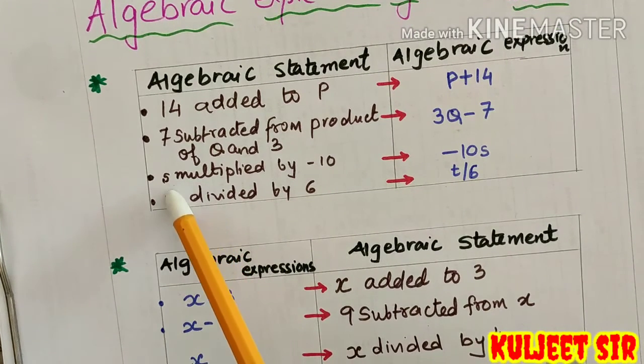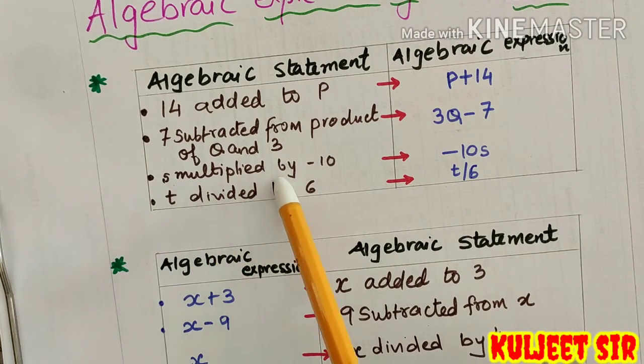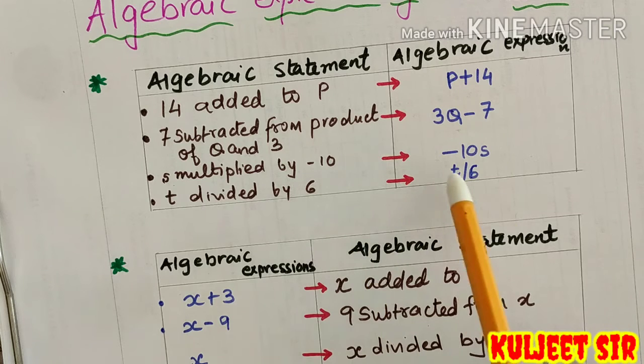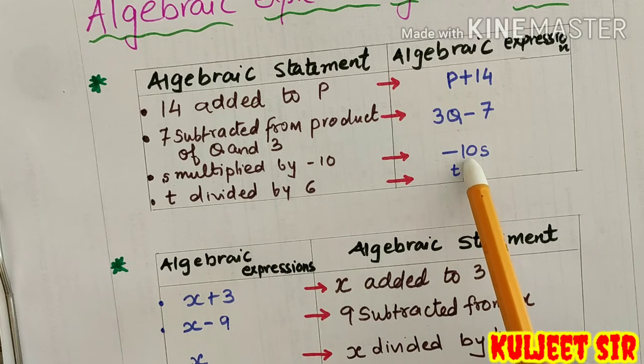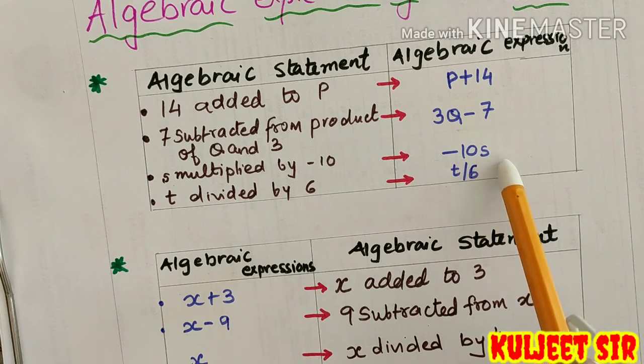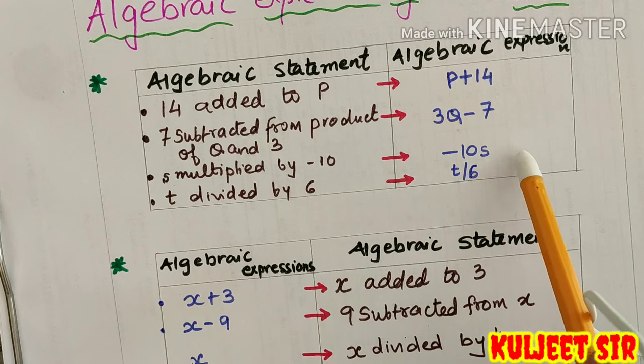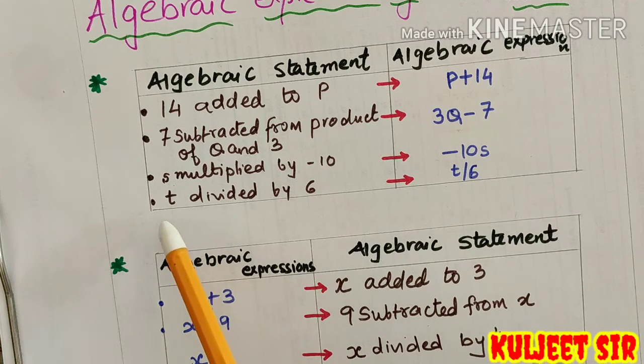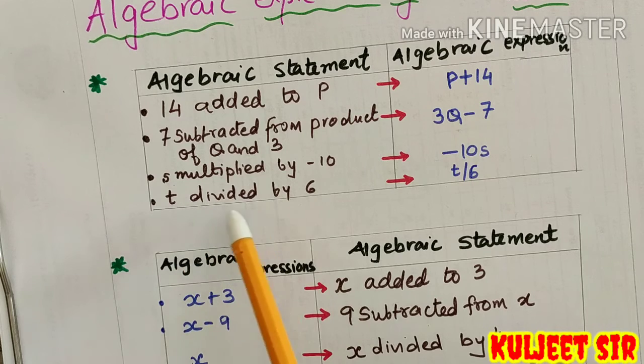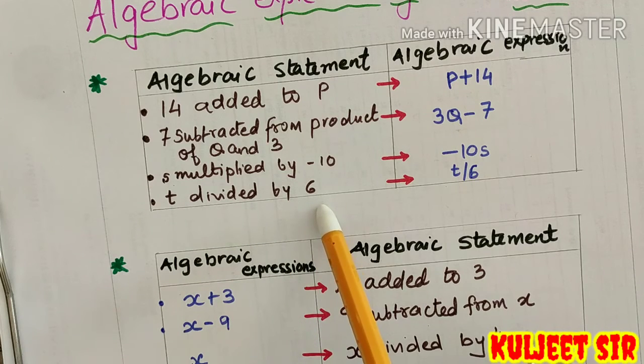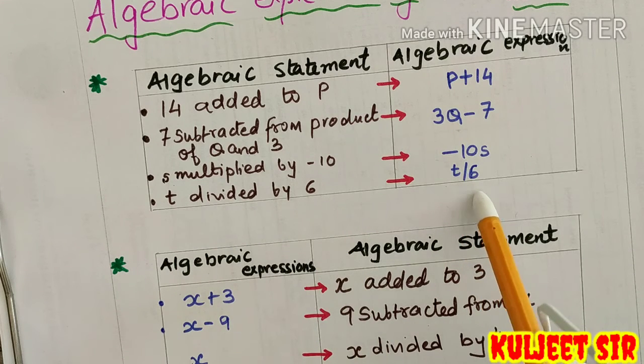Next one is s multiplied by minus 10. You can see s here multiplied by minus 10 gives you minus 10s. Next one is t divided by 6. You can see here t upon 6 is t divided by 6.